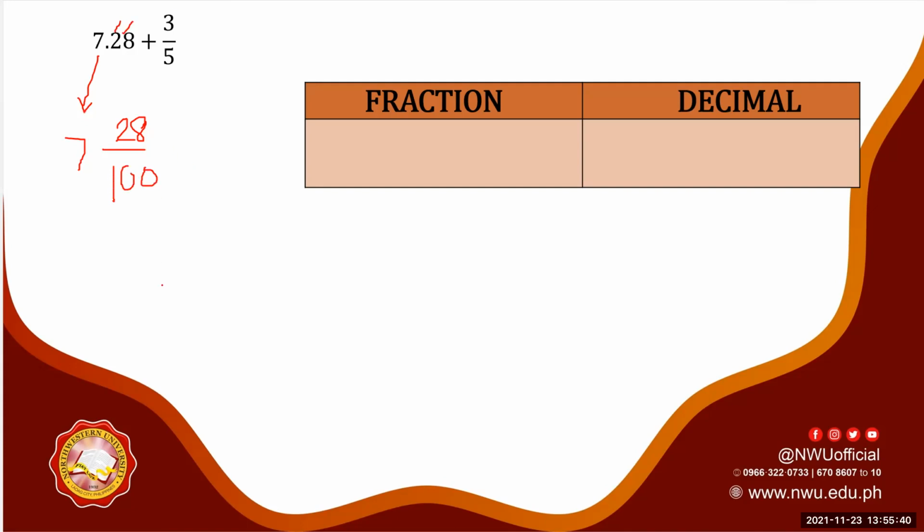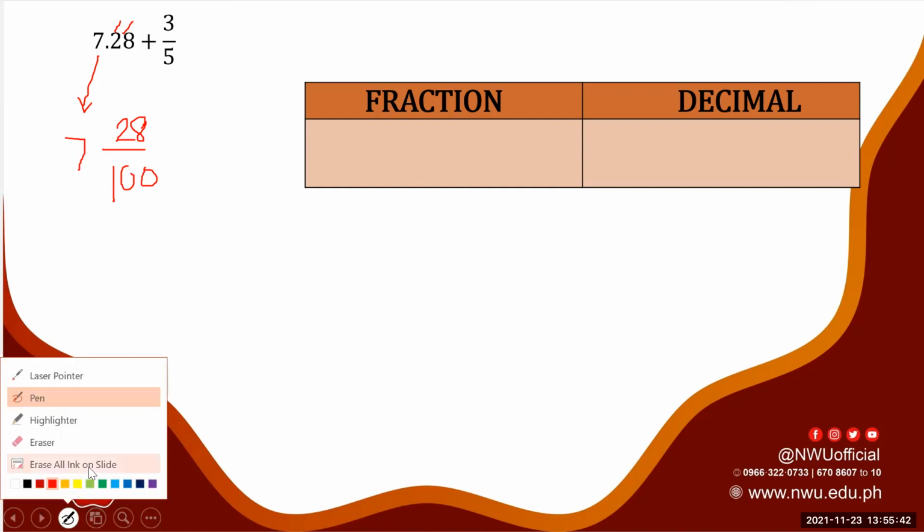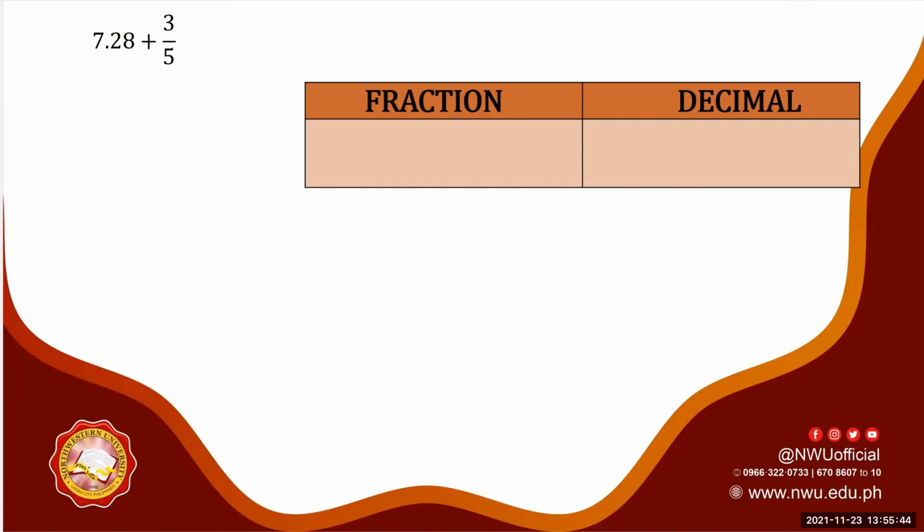But 28/100 is reducible. Now, what I'm going to just need you to do ay yung decimal form of Bing. Okay? Tandaan, on your activities, what you're just going to do is the decimal form. You don't have to do the fraction. Ang susulatan nyo na lang is the decimal form.